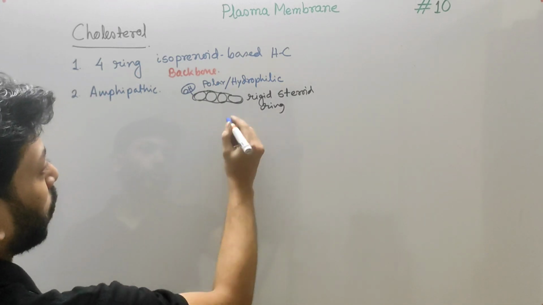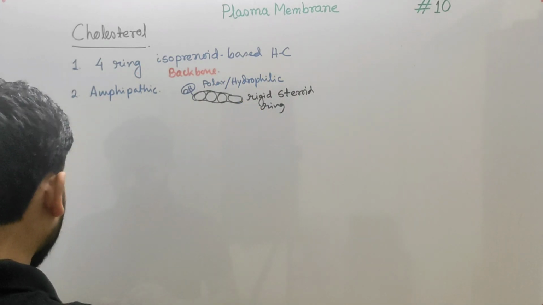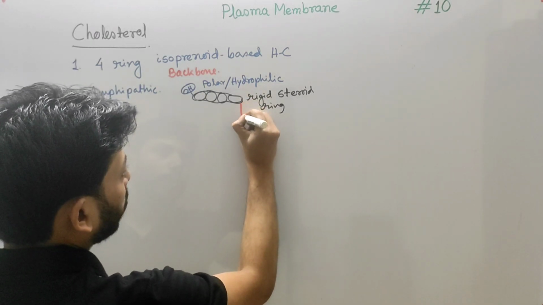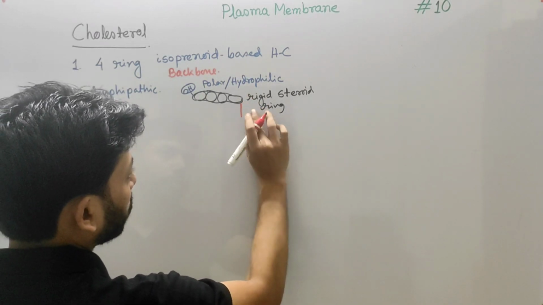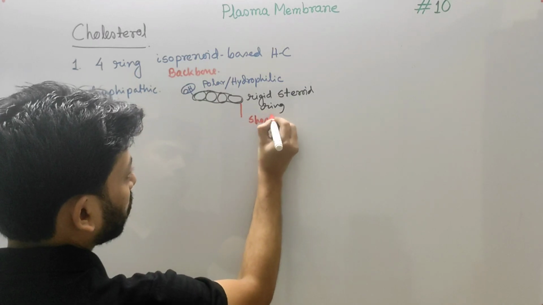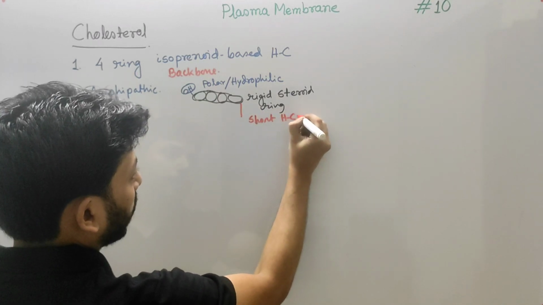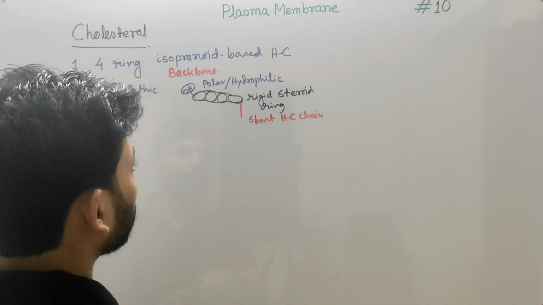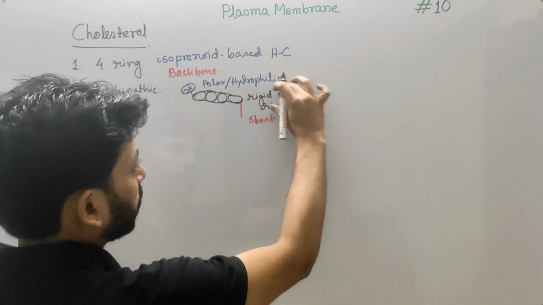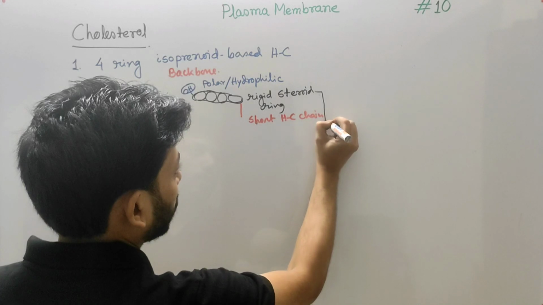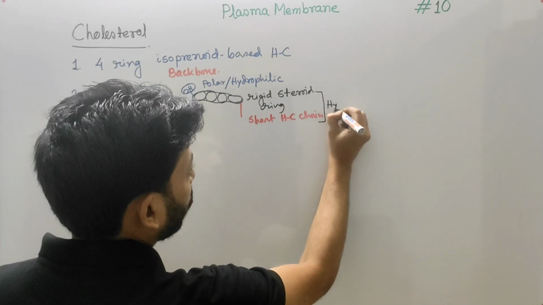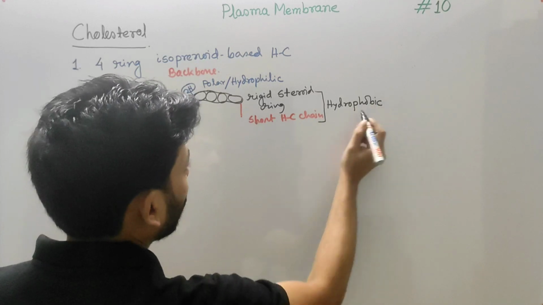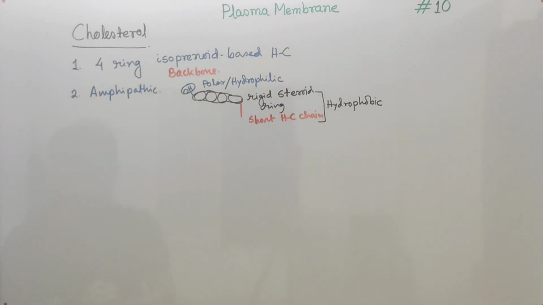And in case of cholesterol also, there is a short hydrocarbon chain. So this is the short hydrocarbon chain, and these two structures, the rigid steroid ring and the short hydrocarbon tail together make the hydrophobic portion of the molecule. Okay, so that's why it is amphipathic in nature.